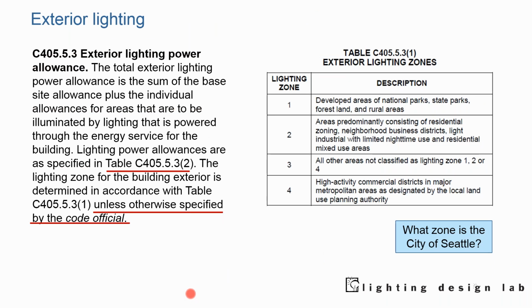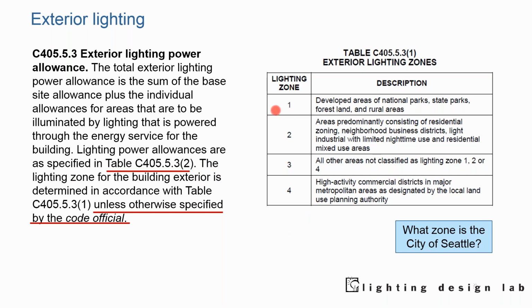So exterior lighting power allowance. Basically, lighting power allowances are specified. The lighting zone for the building exterior lighting is determined in accordance with this table over here, unless otherwise specified by the official code.